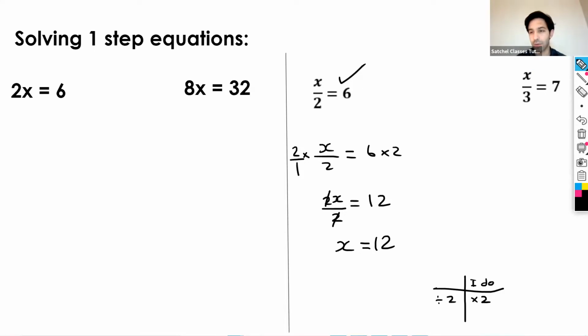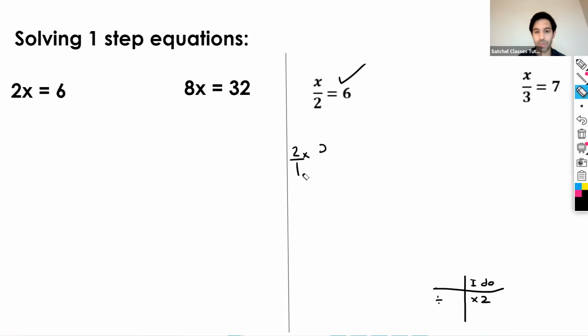So if we have a look at this example, what we're doing to x is dividing x by 3. So the opposite of dividing by 3 is multiplying by 3. So what I need to do is to multiply both sides by 3.